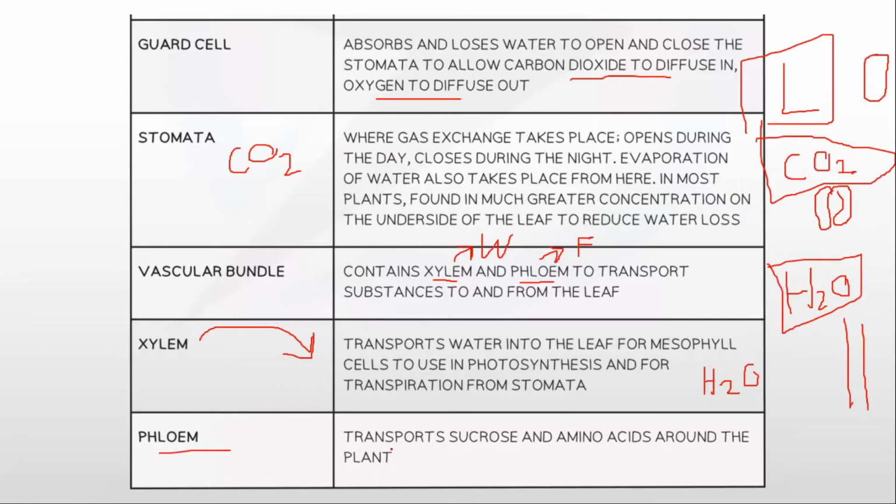Phloem is responsible for transportation of sucrose and amino acids around the plant. Why? Because the products of photosynthesis are in the form of food needed by the plant. Hence, it needs to be transported through phloem. So, xylem and phloem are both present in the vascular bundle.